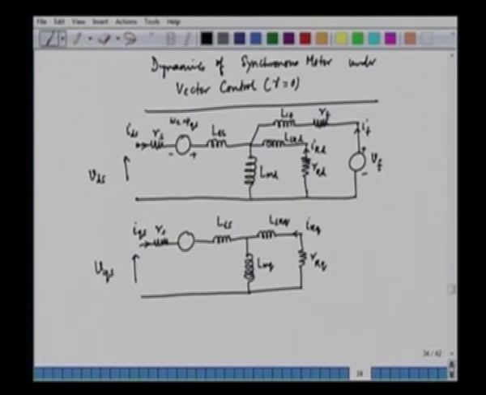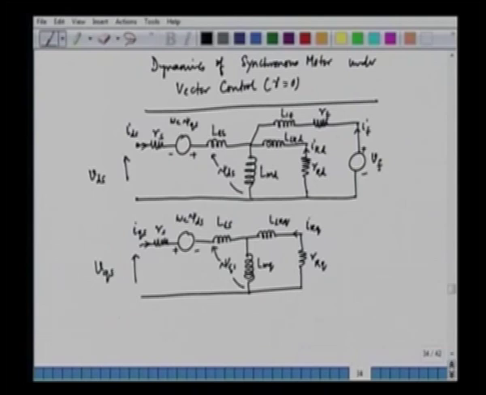Now here we can derive the expression for the torque. This is our psi ds, the flux linkage in the stator d axis, and the back EMF in the q axis would be this, omega e into psi ds, and this flux linkage is psi qs, the flux linkage in the q axis stator, which is associated with the magnetizing inductance of the q axis and the leakage inductance of the q axis.